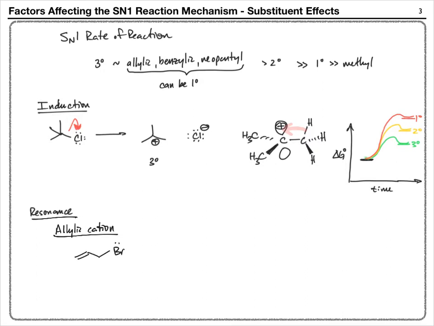So say you had this compound. We know that the leaving group is going to be bromide because that's the polarized bond. So when we ionize, we're cleaving that bond. The arrowhead's pointing to the bromine because it has the delta minus.